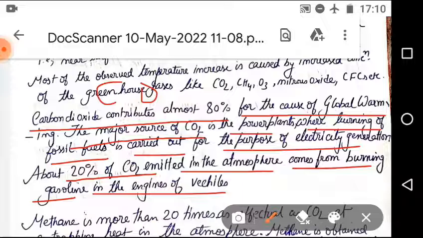But in the case of carbon dioxide, as we are talking about global warming, 20% of the carbon dioxide is emitted from vehicles. Carbon dioxide is also emitted by plants during respiration. But in that point of view, the level of carbon dioxide is maintained in an equal balance because of photosynthesis.